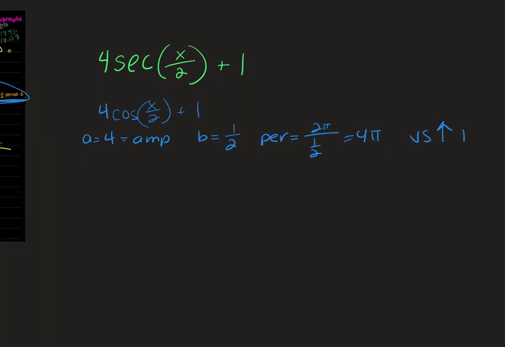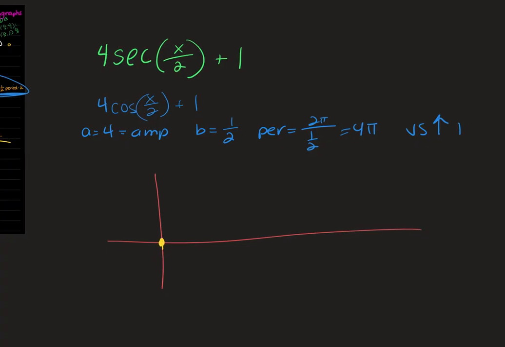So then I go to my key points. Because there's no phase shift, it's going to start at 0, and then it's that 4 pi times 1/4, times 1/2, times 3/4, and then the last one is 4 pi. So pi, 2 pi, 3 pi, 4 pi.